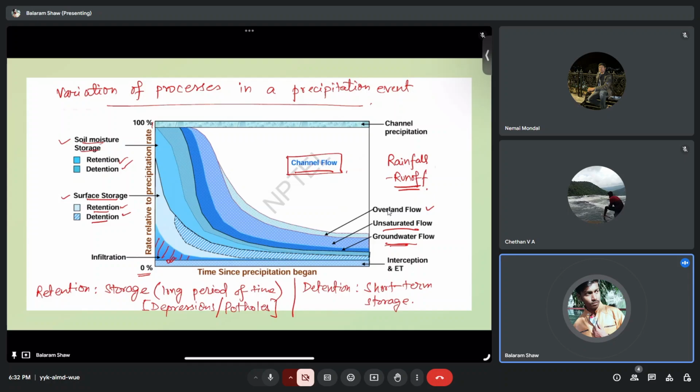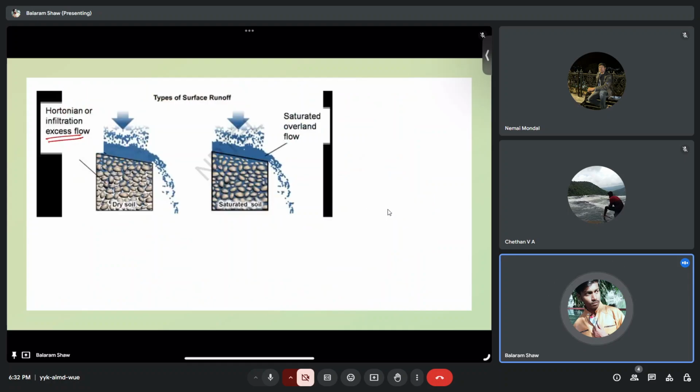We have mentioned in the last class what is infiltration rate, infiltration capacity, right? So for the first approximation for Hortonian infiltration excess flow. This is called Hortonian infiltration excess flow because it is given by Horton, right?